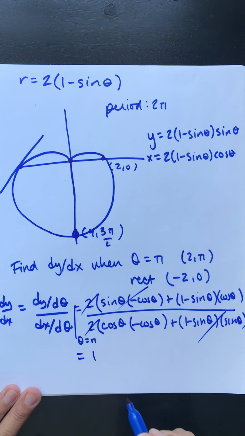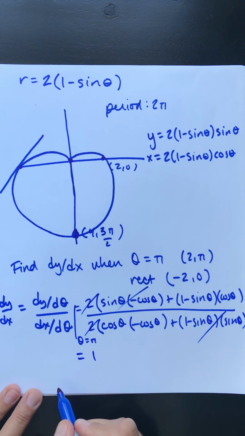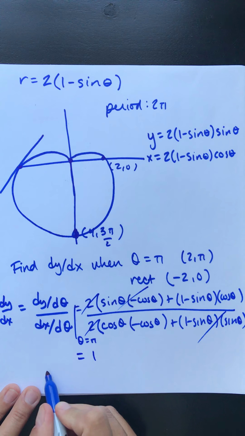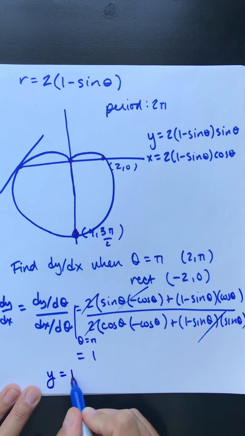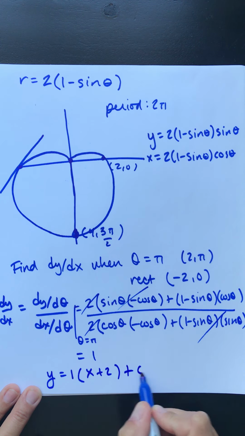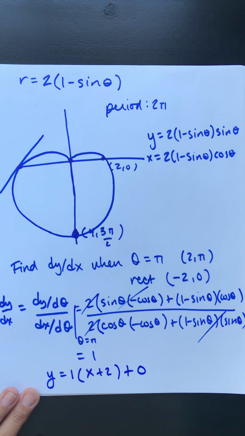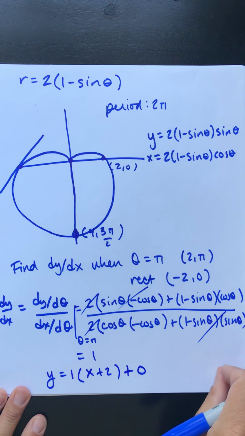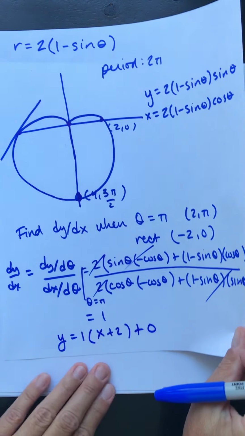I got 1. So the slope of this line is 1. If I wanted to come up with the equation of the tangent line, I would get y equals 1x plus 2 plus 0.